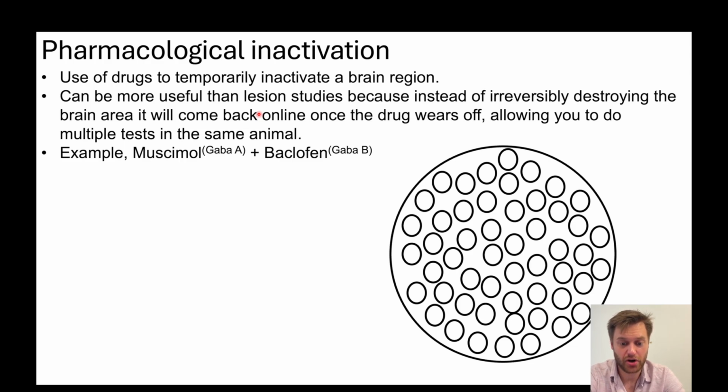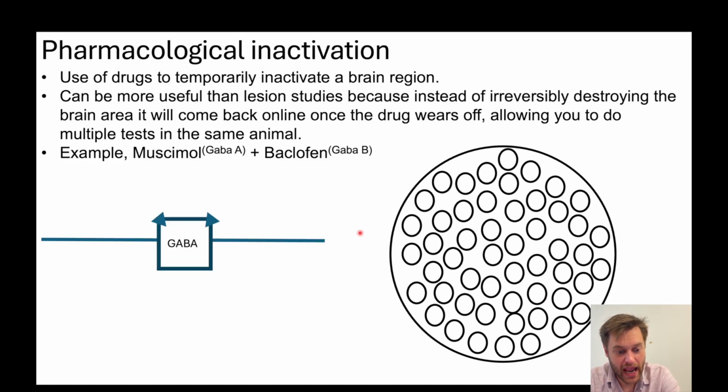So, if we have some brain region here, the big circle is a brain region, all the little circles are neurons within the brain region, and we can use a cocktail of drugs. In this case, I'm giving you muscimol and baclofen.